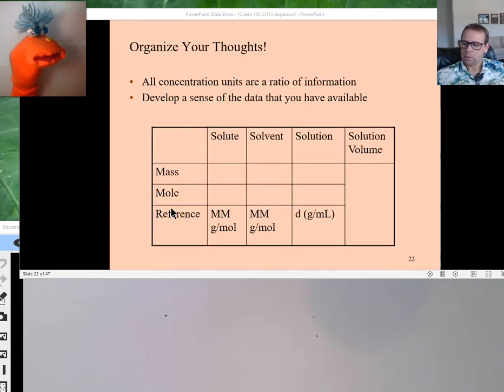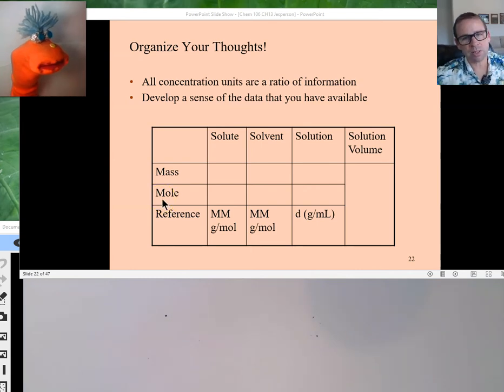So, to help us maneuver and learn how to understand these types of concentrations and how to identify one concentration given a different set of units, we just need to organize our thoughts. Now, I provide for you this table here, and we use this table to introduce our ability to organize our thoughts.